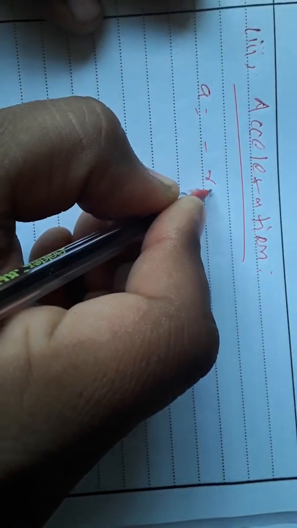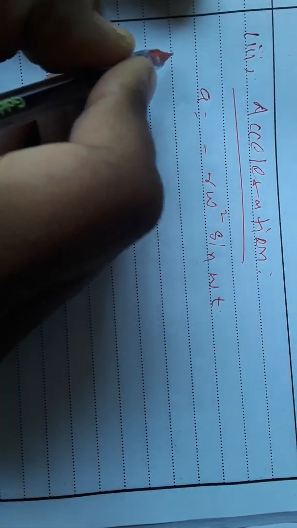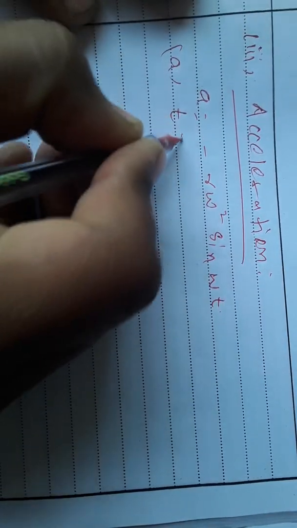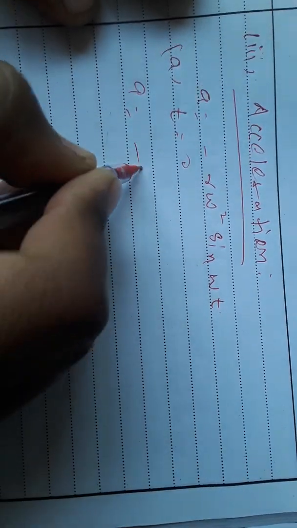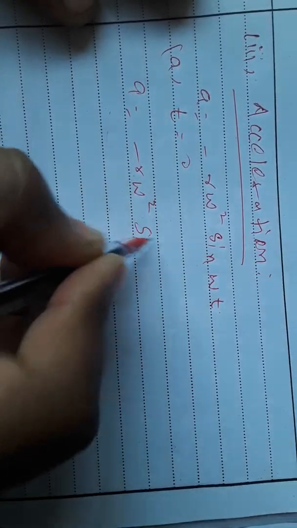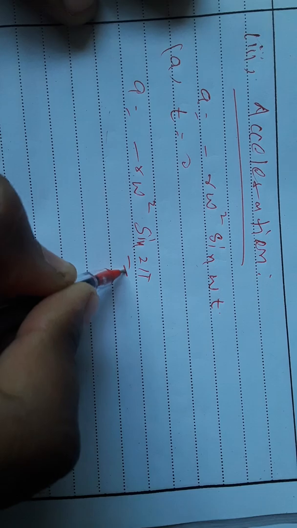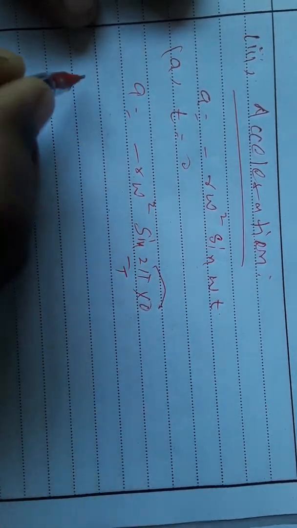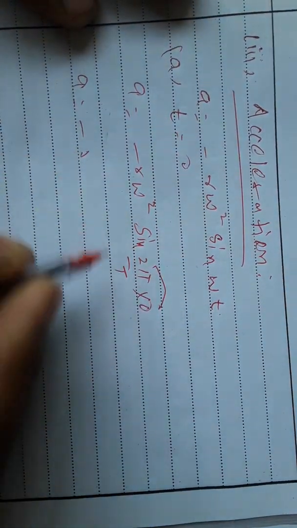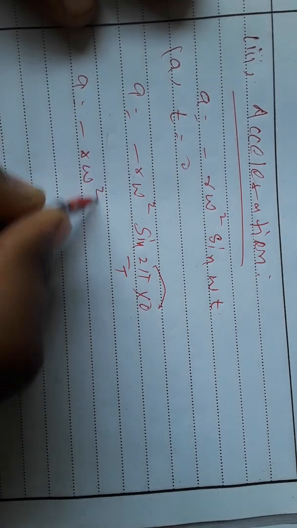Next, for the acceleration, we know A is equal to minus r omega square sin omega t. So for t is equal to 0, we can write A is equal to minus r omega square sin omega t, where omega is 2 pi upon T into 0. It is 0. A is equal to minus r omega square into 0.